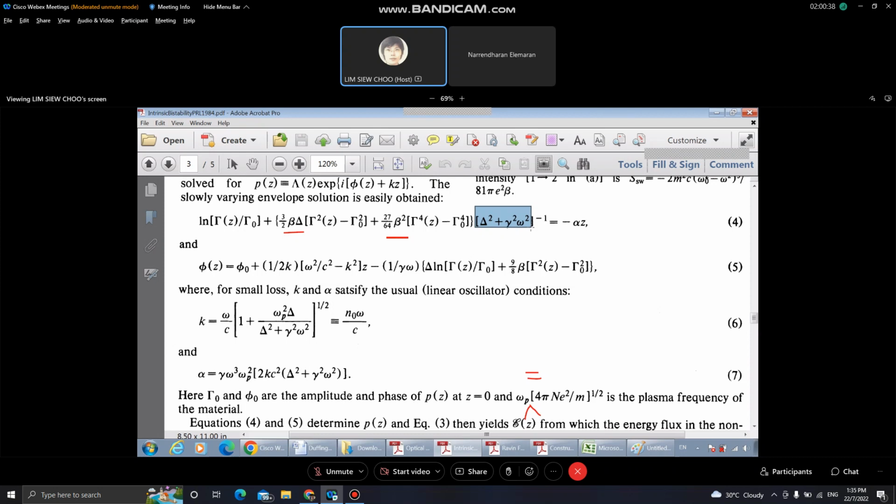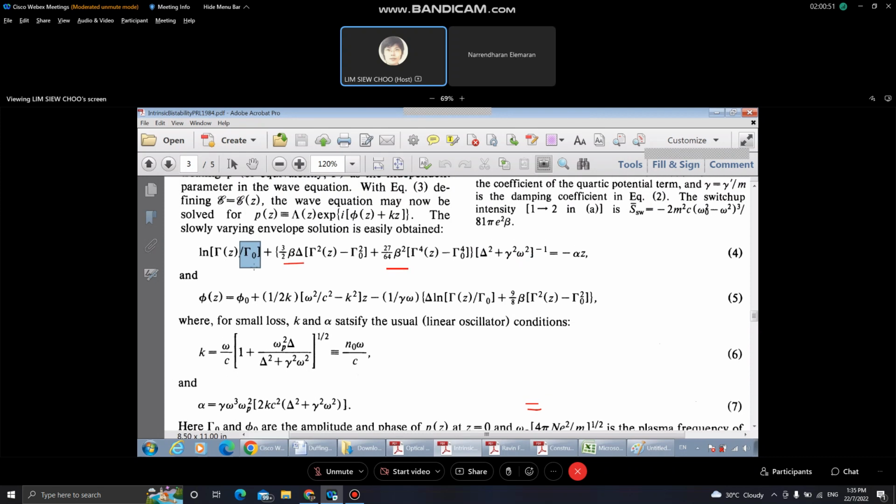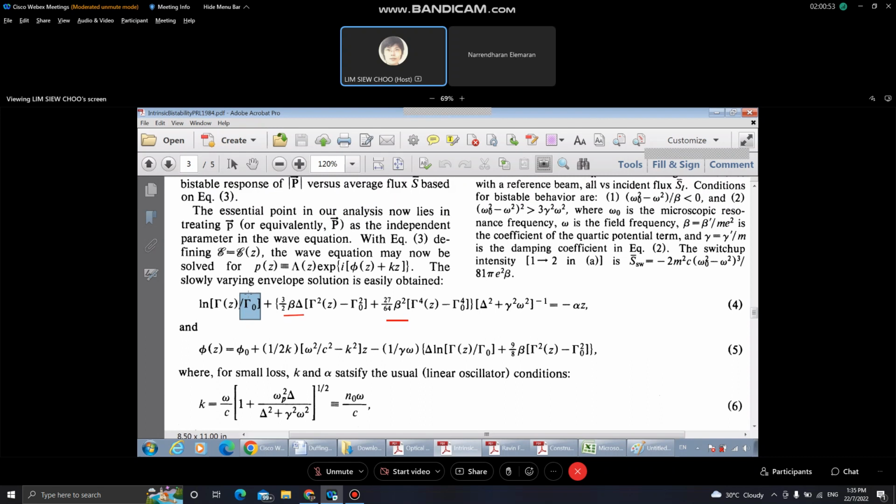What you can change only is the lambda naught. This will determine the amplitude, right? When you change this value, you change the amplitude.